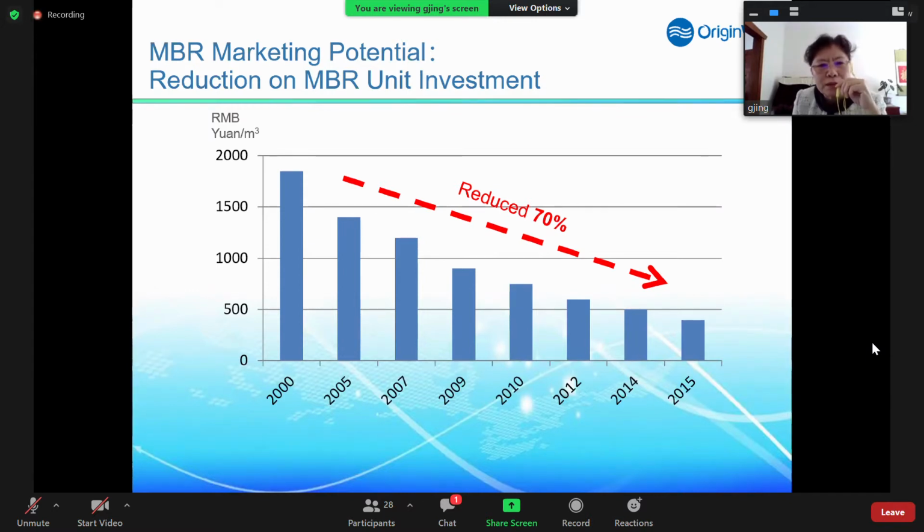From 2000 to 2015, the MBR unit price, the investment, reduced by 70%. It's unbelievable. It's really good for MBR development.